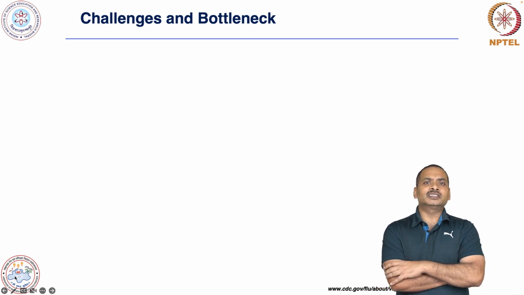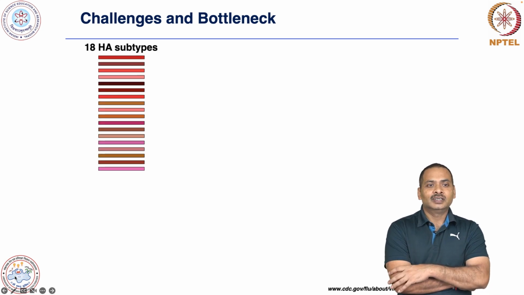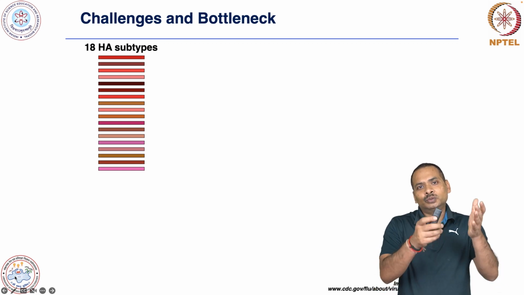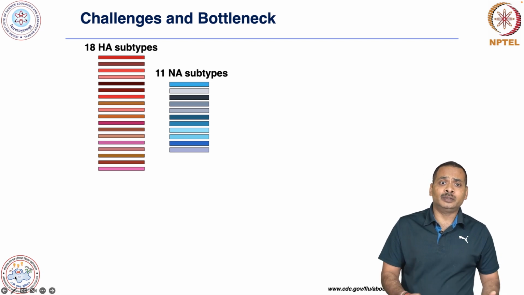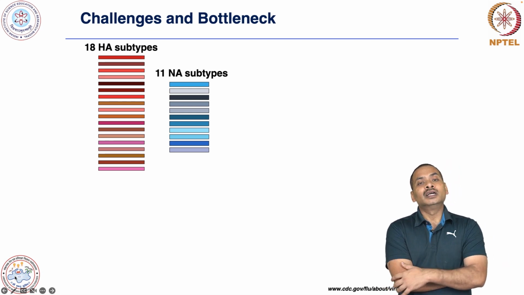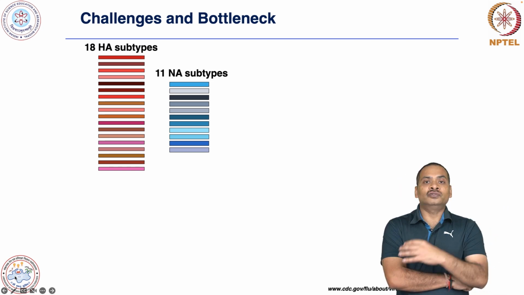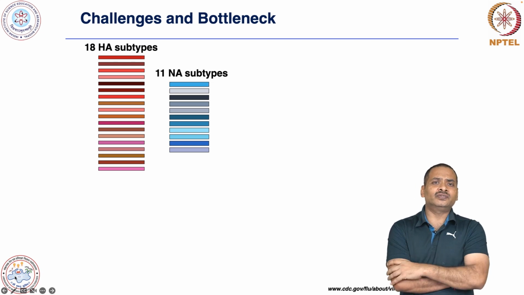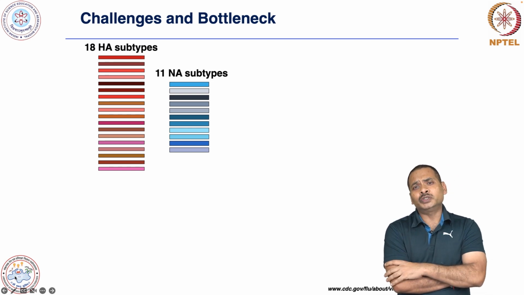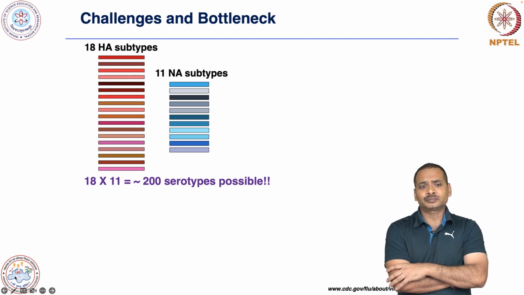Now I would like to discuss the challenges and bottlenecks with the influenza virus. As I told you, there are so many kinds of HA protein and so many kinds of NA protein. And you have learned that this virus can infect a variety of different hosts, and there are some hosts which can be infected by a variety of influenza viruses.